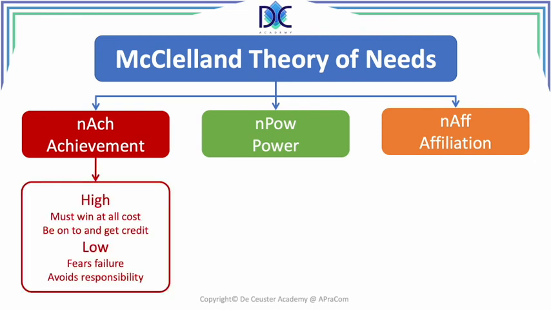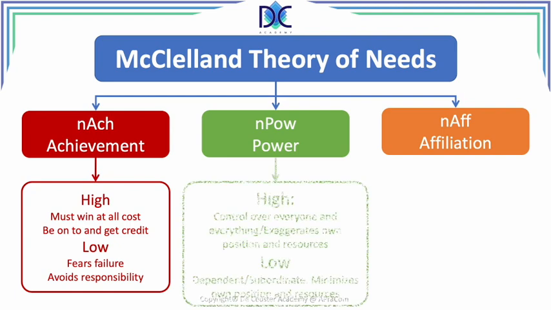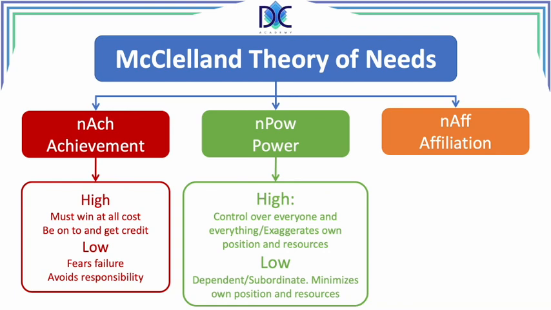The people with high achievement, or in the category of achievement, they must win at all costs. They want to be on it, they want to get the credit, they fear failure, and they typically avoid responsibility. People in the power category, they want to have control over everyone and everything. They exaggerate sometimes their own position and resources.